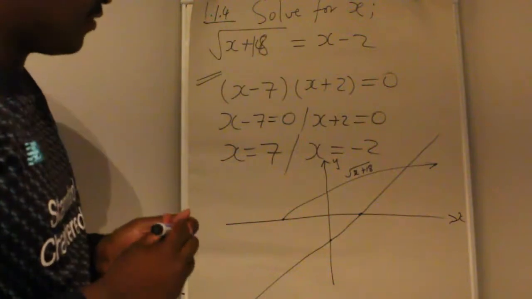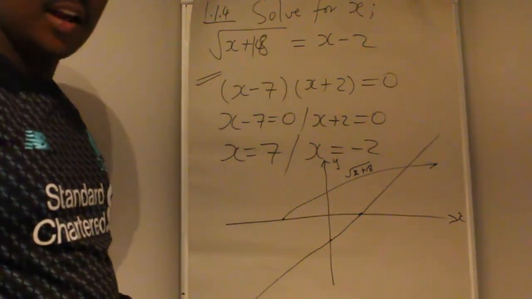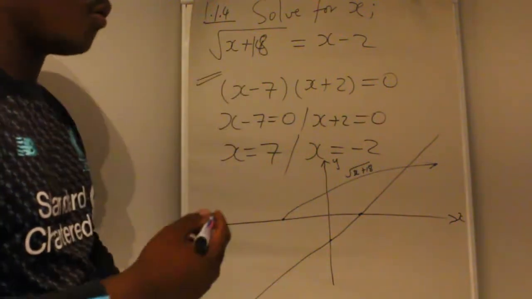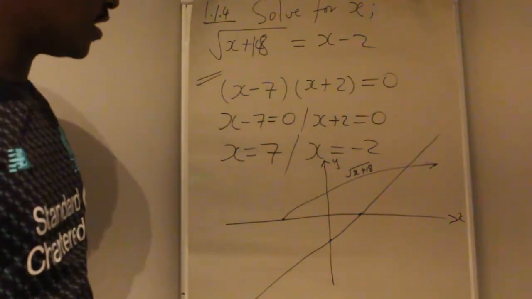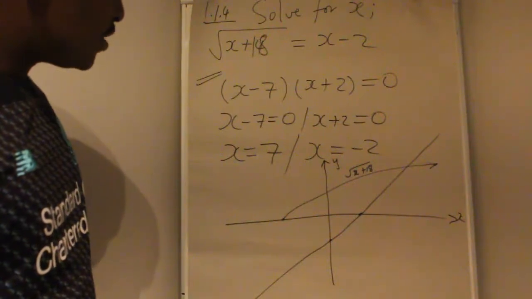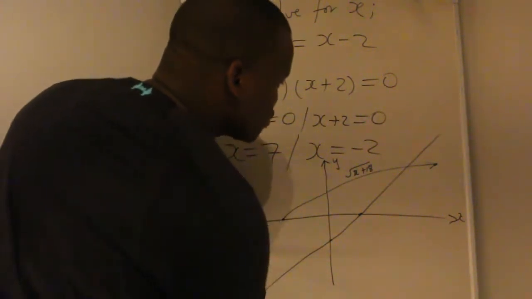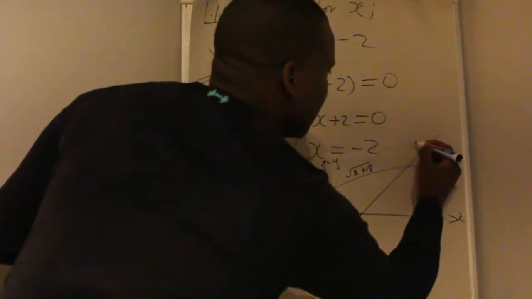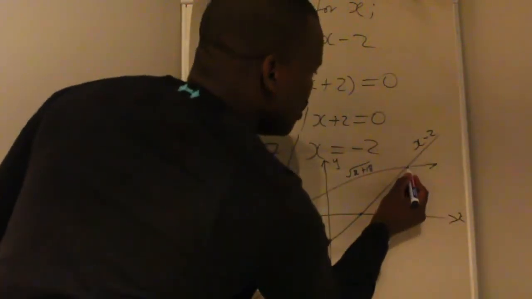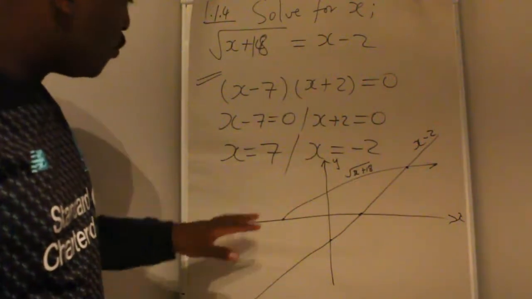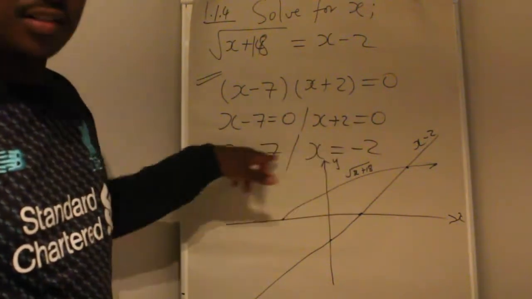If you have not done functions, you might struggle understanding this part, but you will know further down the year when you do functions. If you see this graph, the square root of x plus 18 and x minus 2 only meet once here. Yet you have two solutions.